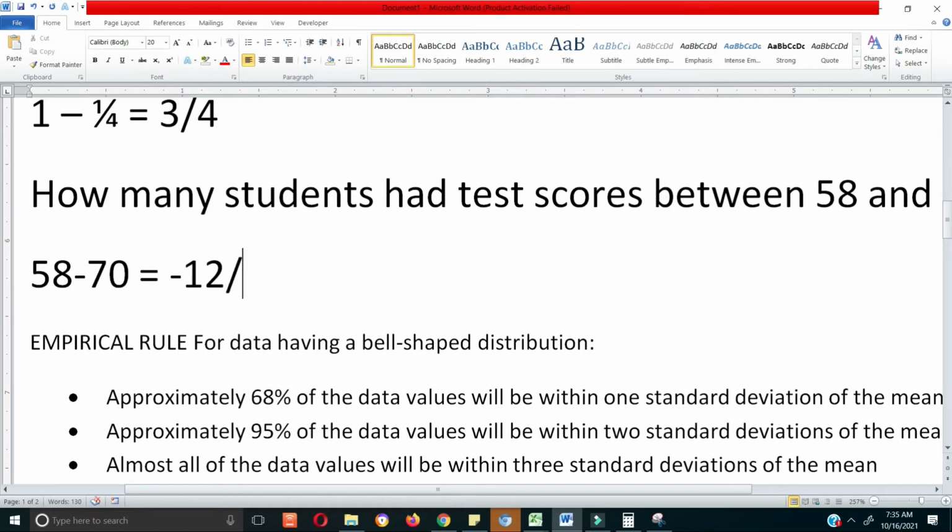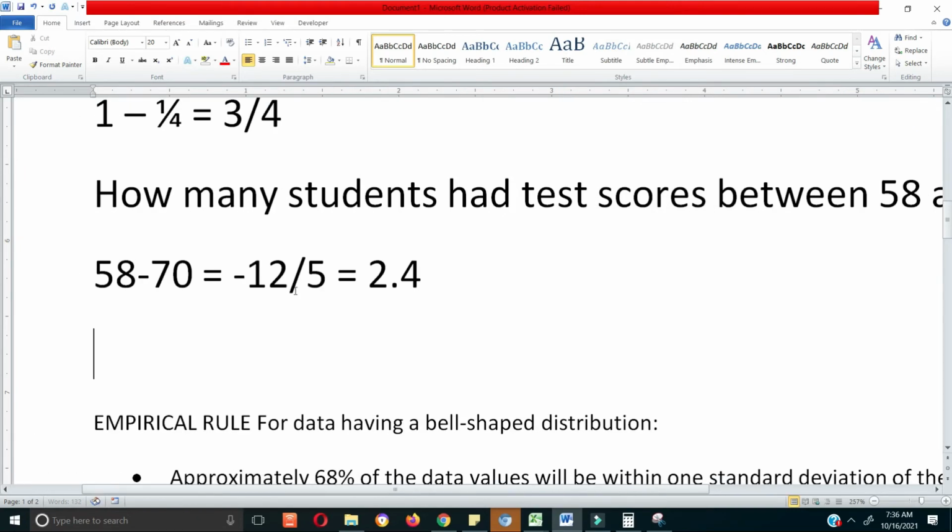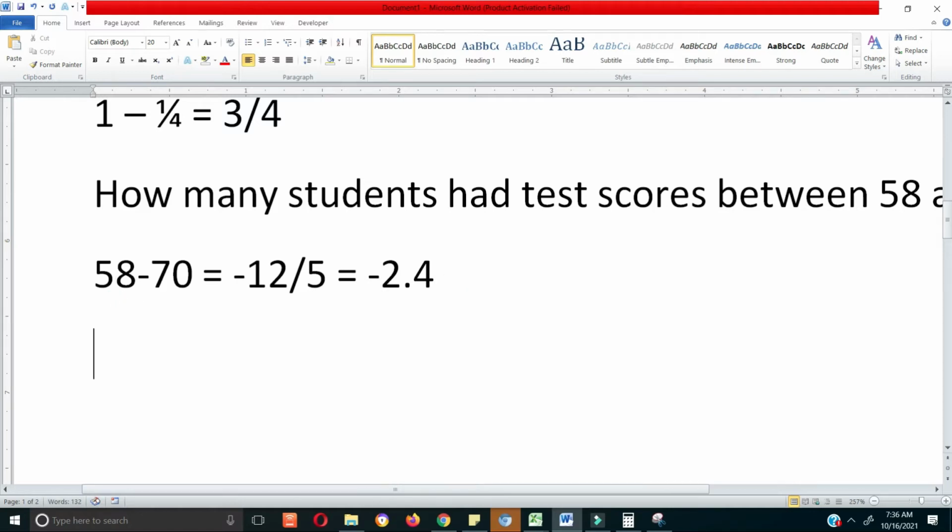Minus 12 over 5 is minus 2.4. Then 82 minus 70 gives us 12, and dividing by the standard deviation of 5, you get another 2.4.